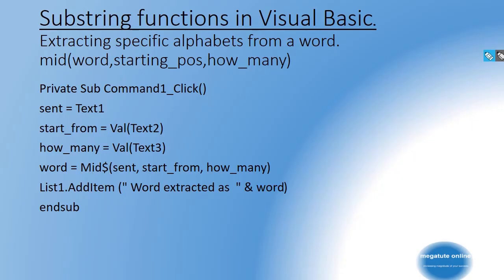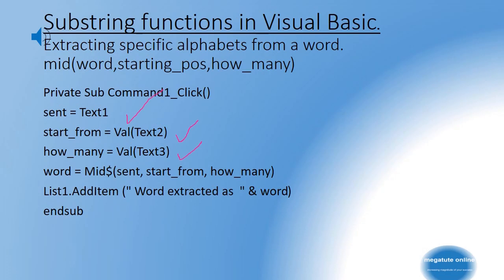This is again the same syntax where we are discussing how do you take a word and how many letters you want to pull out. Now specifically in the previous example, I have been giving you that from second position we are pulling out 3 letters or 4 letters, but here if you want to take those values from the user, you can do that. So what we have done here in this example, we have taken a word, we have taken the position from where we want to pull out, that is start from, and how many letters you want to pull out, that is how many.